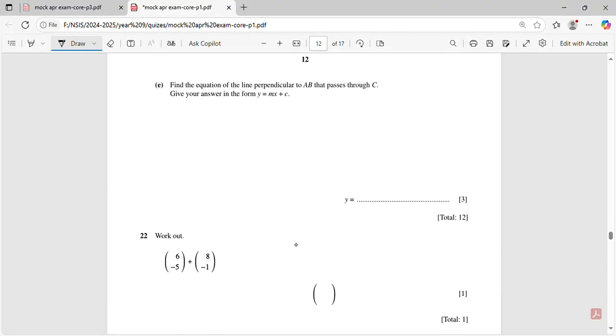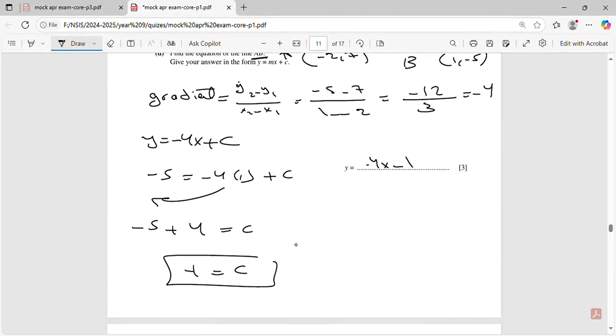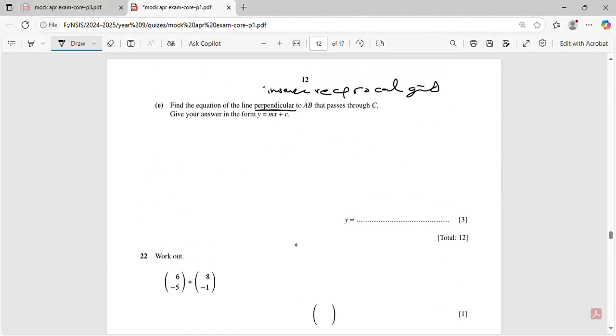Now he asked me to find the equation of the line perpendicular to AB. Of course, as we said before, what is the meaning of perpendicular? Can you remember? Perpendicular means it has the inverse reciprocal gradient. The gradient here was negative 4, so the perpendicular line's gradient will be 1 over 4 positive, right?